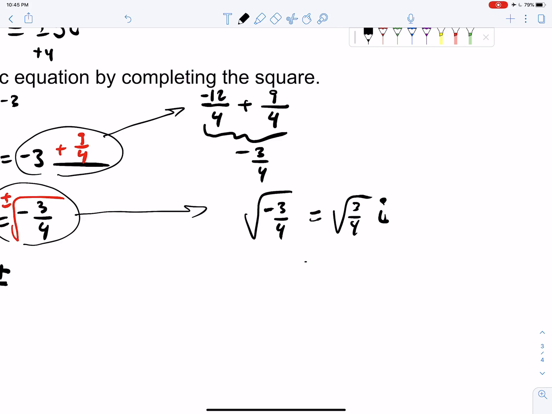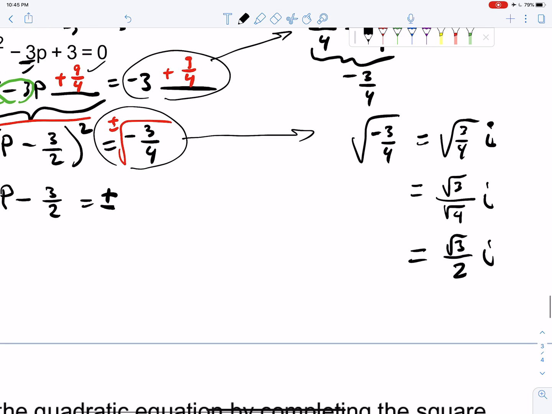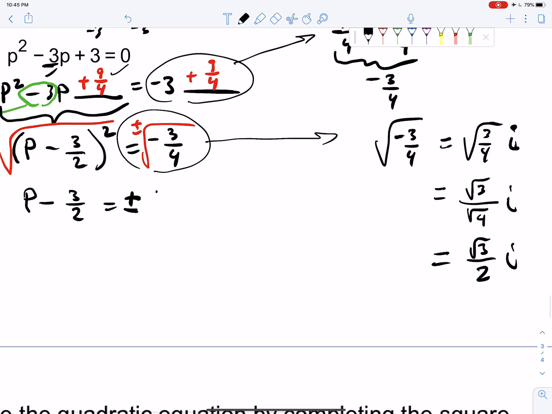And then the other idea is, let's use the quotient rule, which says the square root of 3 over the square root of 4, i. And wait a minute, the square root of 4 on the bottom, that's just 2. So we get the square root of 3 over 2, i. Okay, well, that's simplified down at least. So now we have plus or minus the square root of 3 over 2, i.